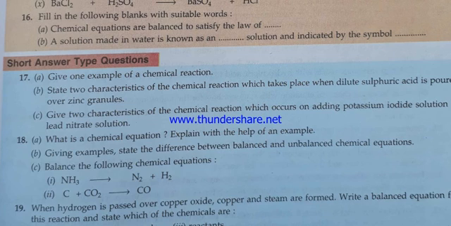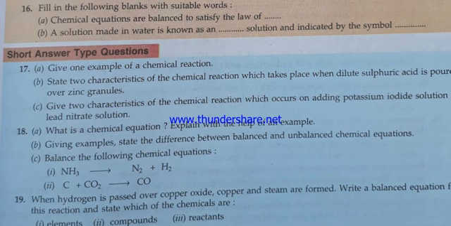Giving examples, state the difference between balanced and unbalanced equations. In balanced, all the atoms on both sides are the same, but in unbalanced they are different. To balance this, 2NH3 will form N2 plus 3H2. C plus CO2 will form CO. When hydrogen is passed over copper oxide, copper and steam are formed.